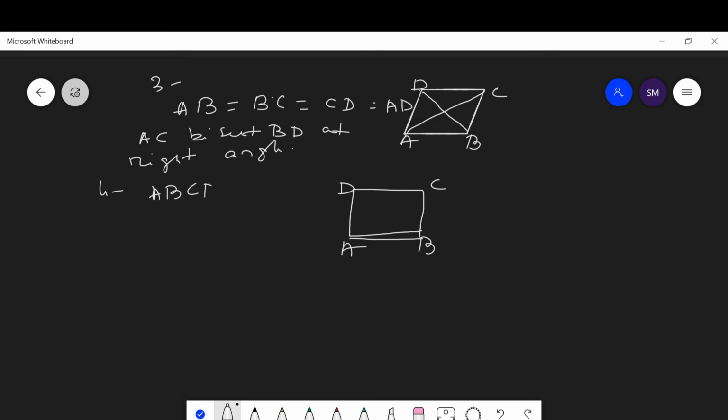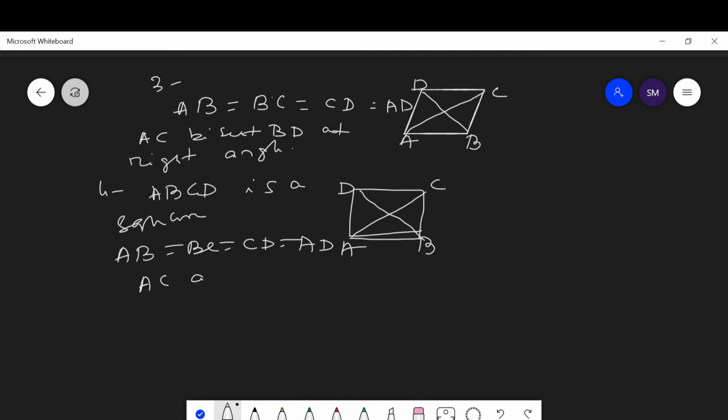A square is also a type of rectangle, but the basic difference between a square and a rectangle is that in a square all four sides are of the same measure. Here in a square AB is equal to BC is equal to CD is equal to AD, and also the diagonals AC and BD bisect each other at right angle.